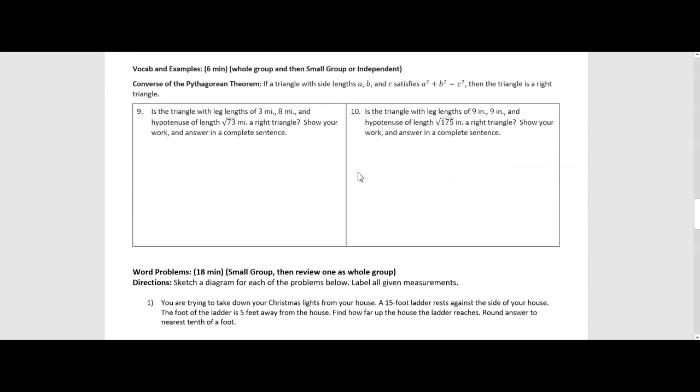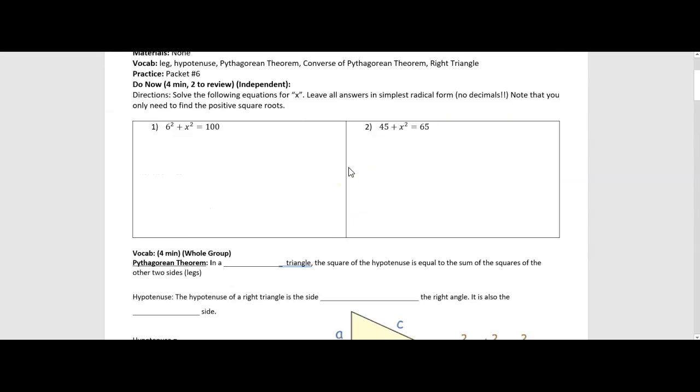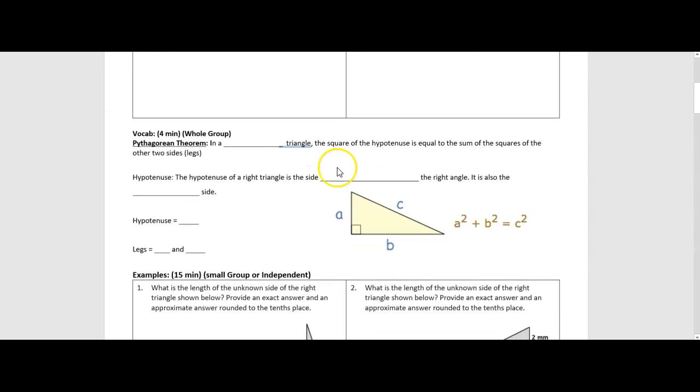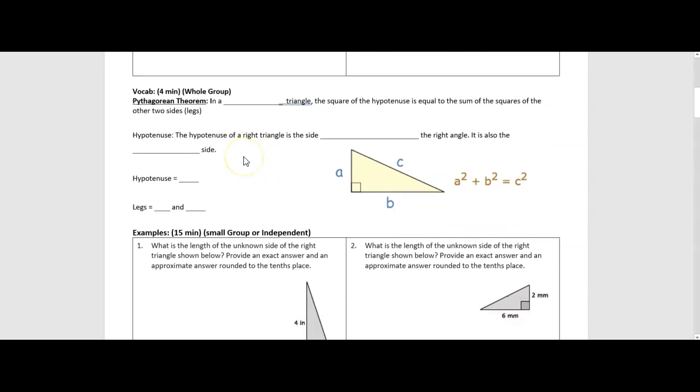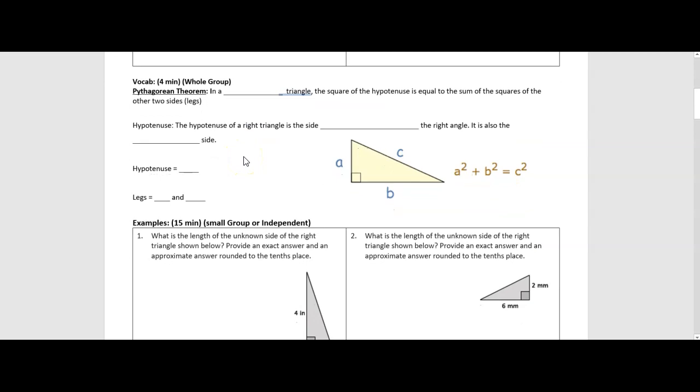So remember with a converse, that is when we switch the hypothesis and the conclusion. So if we go back up here to the Pythagorean theorem, in a right triangle, the square of the hypotenuse is equal to the sum of the squares of the other two sides. So the statement here, if we think about this as a conditional statement, this would say, if a triangle is a right triangle, then a squared plus b squared equals c squared.